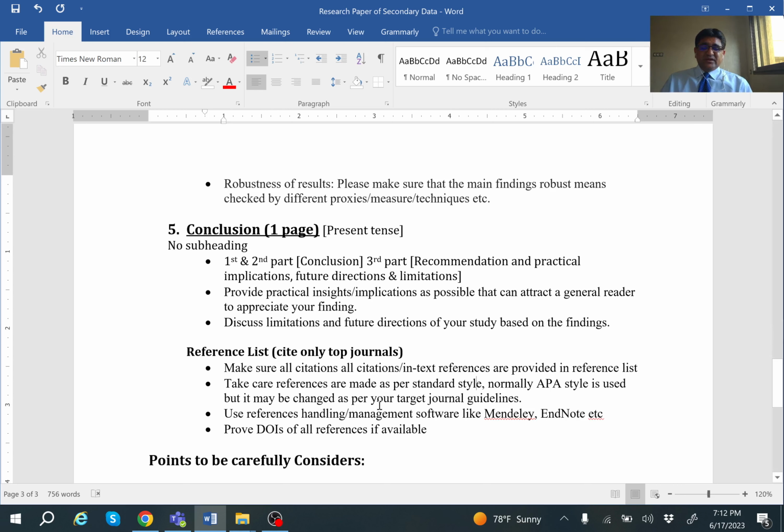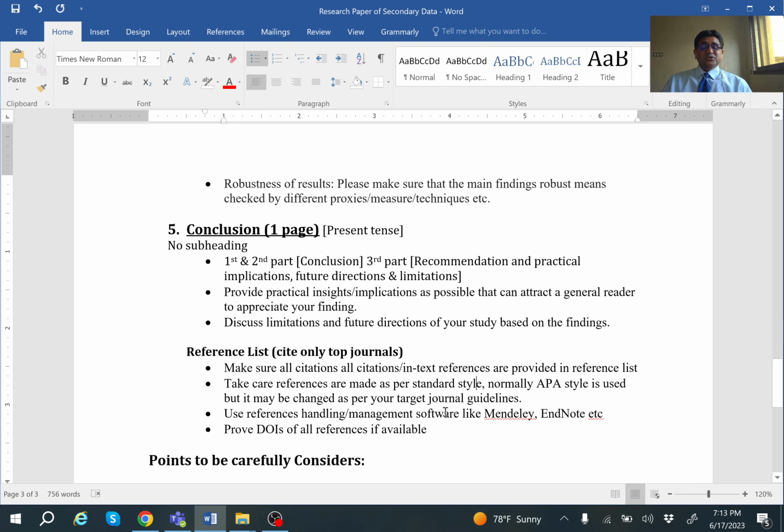I also always manage my references through software like Mendeley, Zotero, EndNote. There are several software tools which can help you manage your references, because it will save your time. Once you have done your reference list using such software, it will ultimately help you convert your referencing style into any other style.